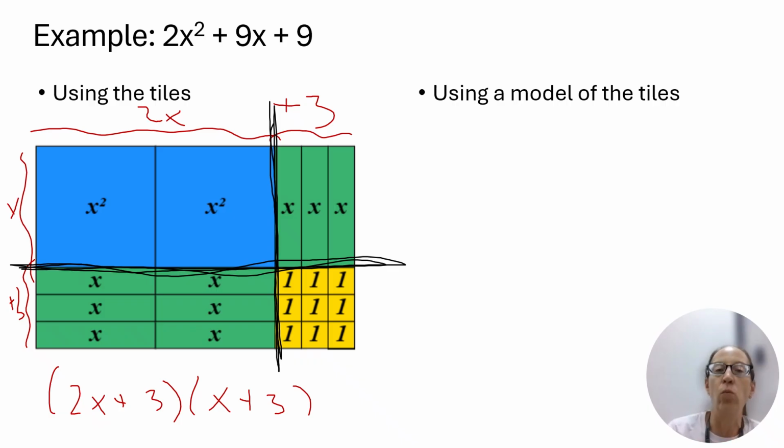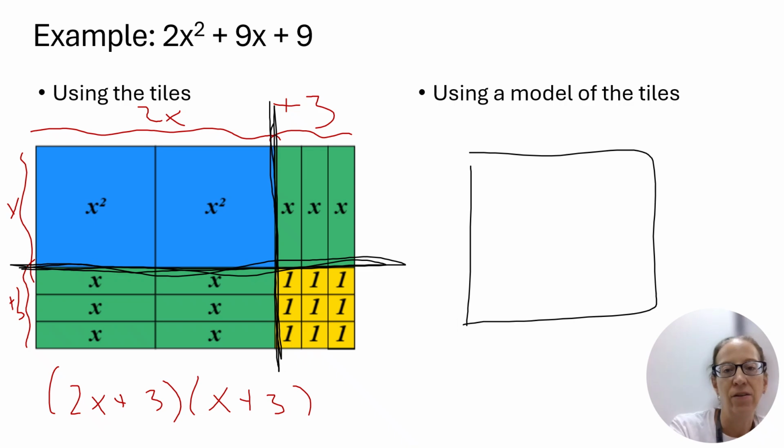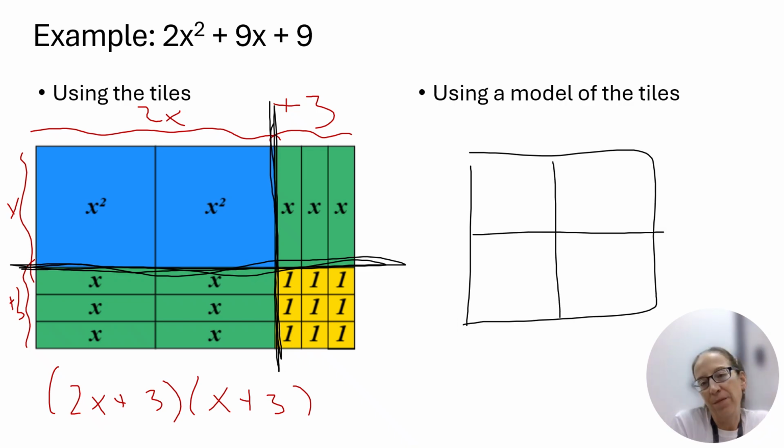Not because that's the only way to structure it, but because it's going to allow us to make what we call a generic rectangle. So instead of looking at the model like that, what we're going to do is draw a square, but again, we're keeping it generic.